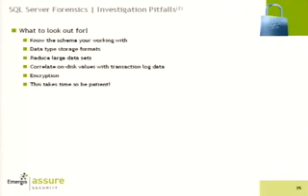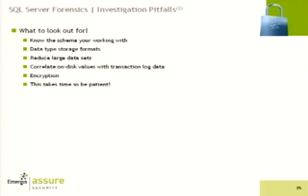Investigation pitfalls: what to look out for. Know the schema you're working with. When you're looking at the raw hexadecimal, things get real ugly real quick if you don't understand the schema behind the object you're trying to translate. Once you know the schema, you need to know what data types are involved, how values are stored, and how they're retrieved by SQL Server.